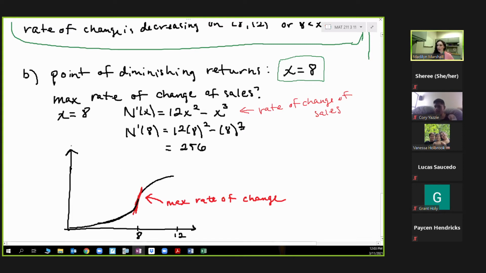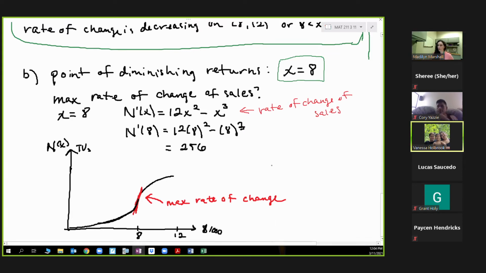So our y was N of x, and the units there were TVs. So we were selling some number of TVs. X was thousands of dollars. So a rate of change is always going to be y per x.